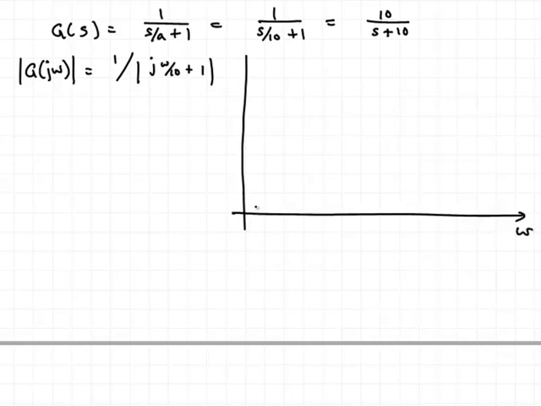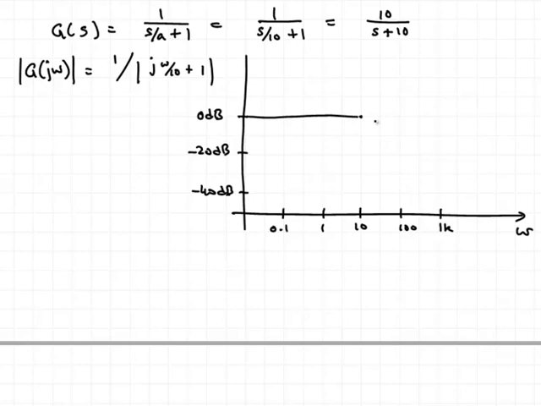Say omega, we'll have 0.1, 1, 10, 100, 1k. Okay, and then say this is 0 dB here. This is minus 20 dB, minus 40 dB. And so we put our breakpoint right here. The straight line approximation would be flat up to 10, and then we're going to decrease by a slope of minus 20 dB per decade from there on out.